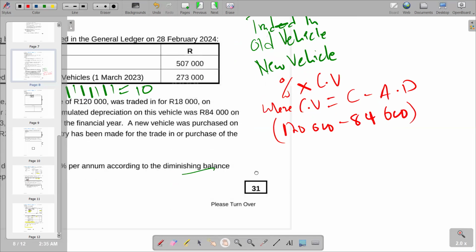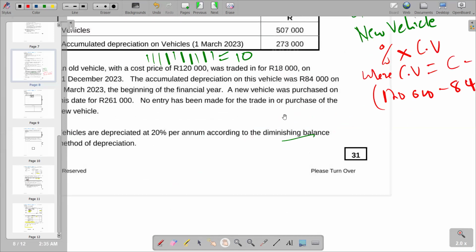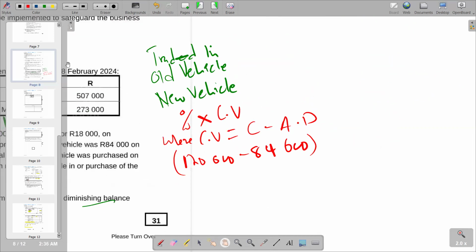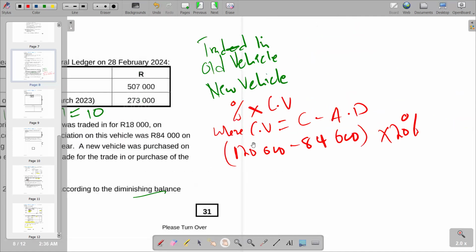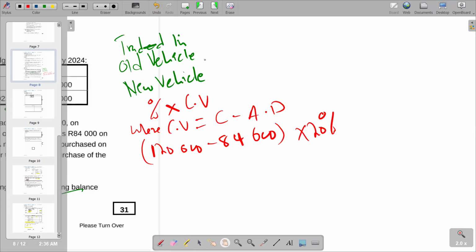You now multiply by the depreciation percentage, which is 20%. After multiplying by 20%, you get an annual figure for depreciation. But we know this asset stayed only 10 months, so we multiply by 10 over 12, the proportion of months the asset stayed.